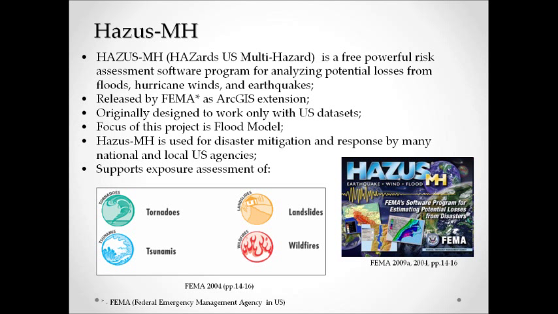The focus of this presentation and this project is mainly on the flood model, but we hope that in the future this will also contribute to the earthquake and hurricane models. HAZUS-MH is still used for disaster mitigation and response by many national and local US agencies. Besides the mentioned types of disasters, HAZUS-MH also supports the exposure assessment of tornadoes, tsunamis, landslides, and wildfires.